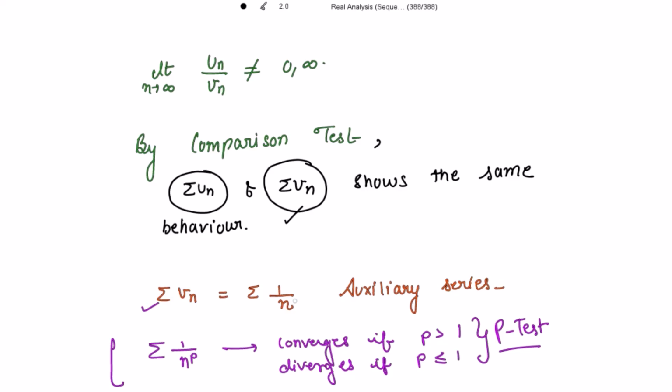Here what is p? It is equal to 1. So it is a divergent series, because for the condition of divergence, p should be less than or equal to 1, either strictly less than 1 or equal to 1. Here because p is equal to 1, this series is divergent. So writing this, by p-test, summation Vn is a divergent series.